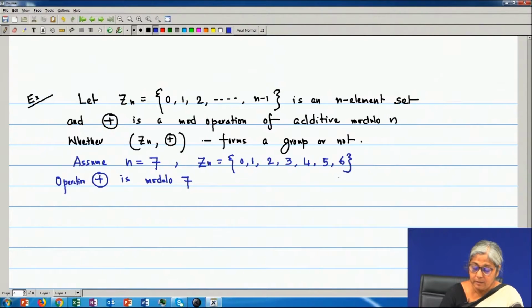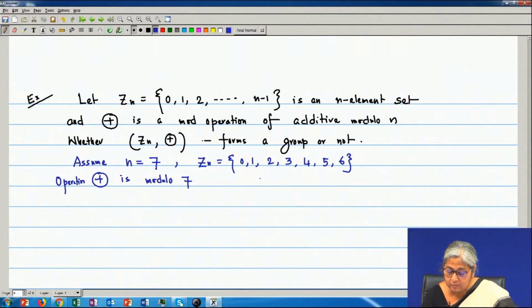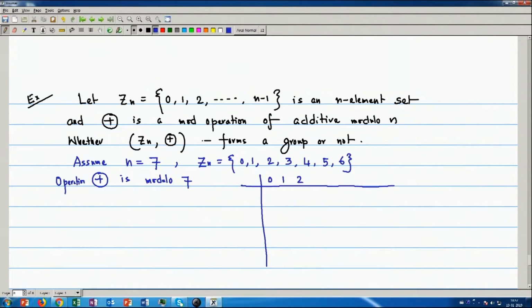So, if I draw the effect of this modulo operation on the set Zn in matrix notation, just as we have read, it will be 0, 1, 2, and so on, up to 6, because my set has elements up to 6.